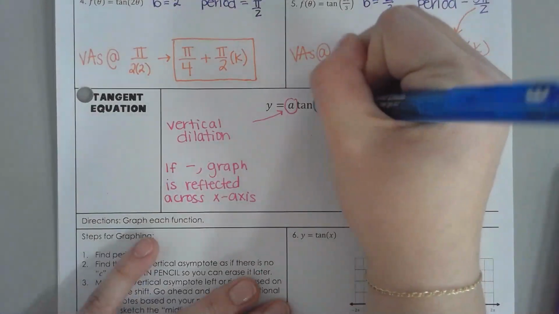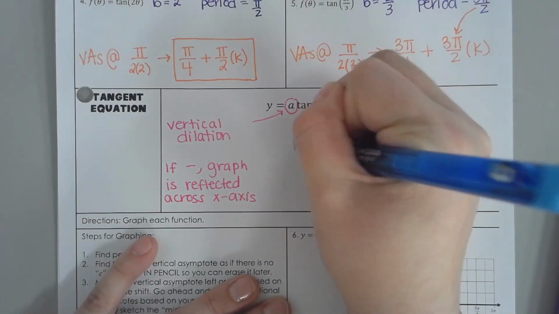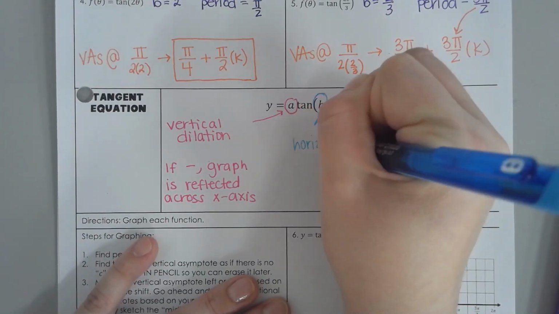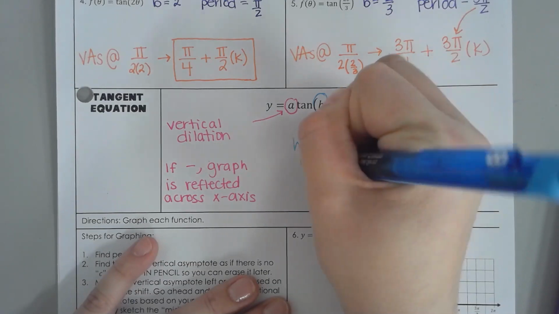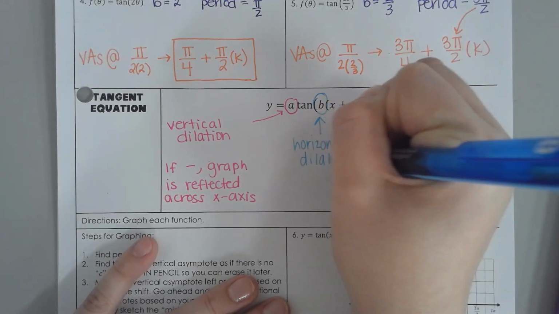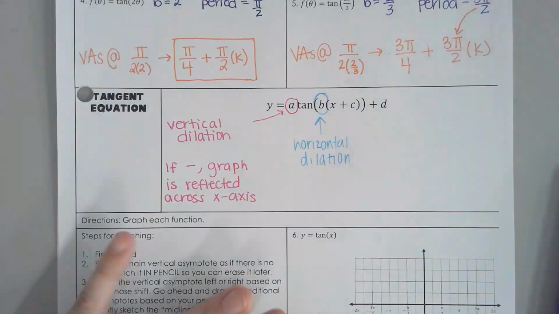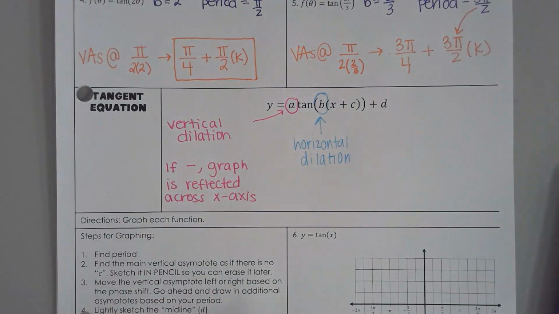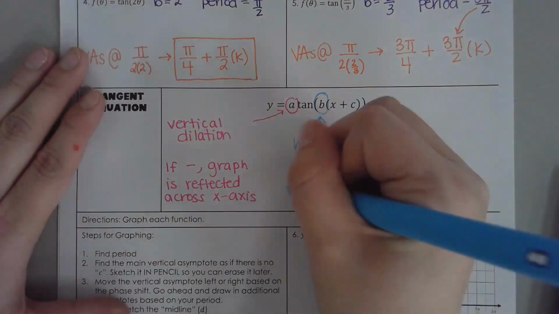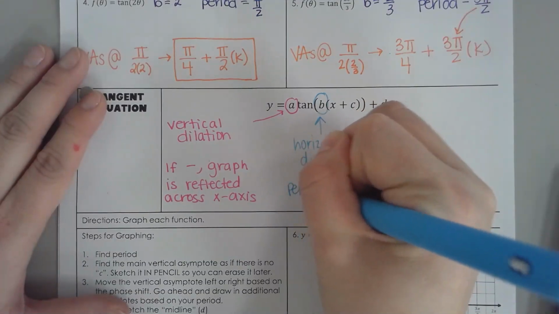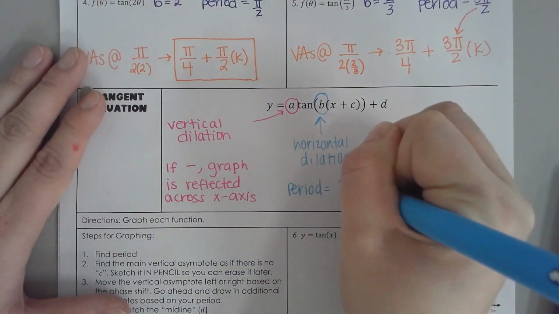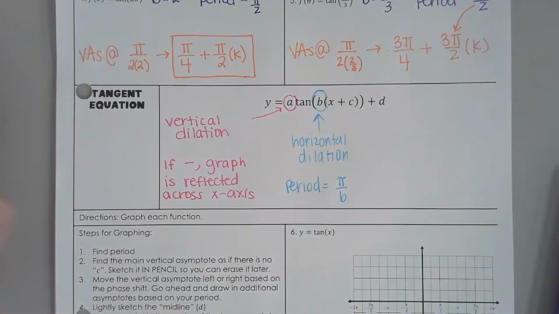And then we have B. It's a horizontal dilation. And we know that from B we can get our period. It's pi over B.